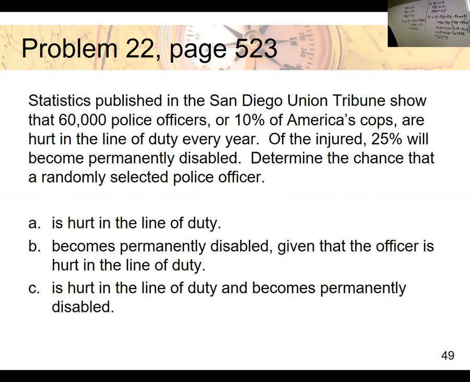Determine the chance that a randomly selected police officer, part A, is hurt in the line of duty. And then part B, becomes permanently disabled given that the officer is hurt in the line of duty. And part C, is hurt in the line of duty and becomes permanently disabled.